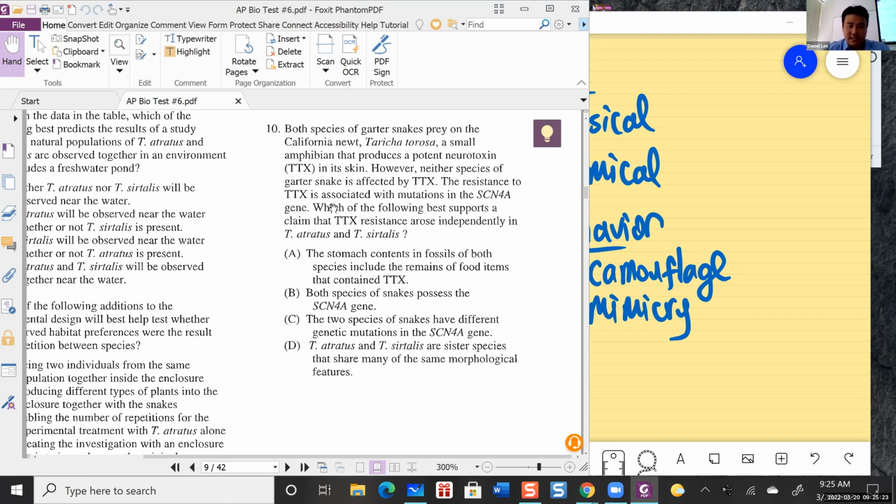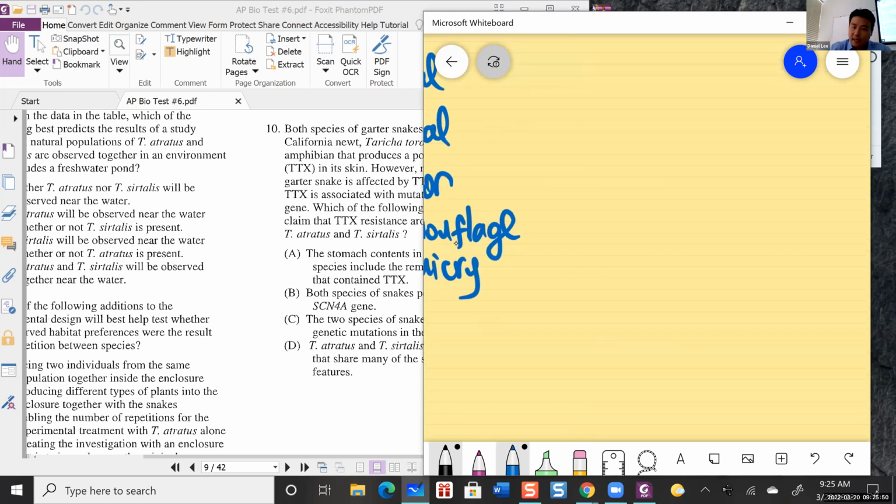Yeah. So the resistance to TTX is associated with a mutation of the gene. So that means that both garter snakes are mutants, because they're resistant to this toxin, right? Which of the following best supports a claim that TTX resistance arose independently in both of these? Now, what does that mean, guys? Let's say this is the TA phylogeny. Okay, let me use TA snake.